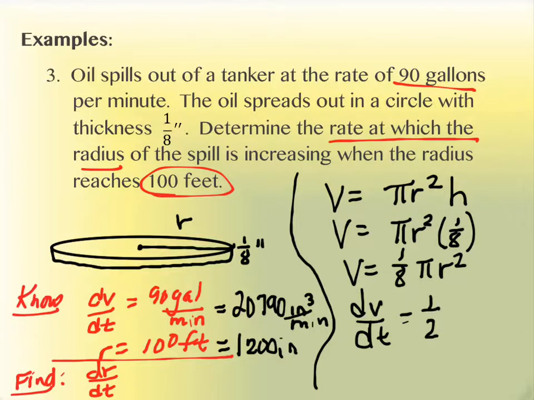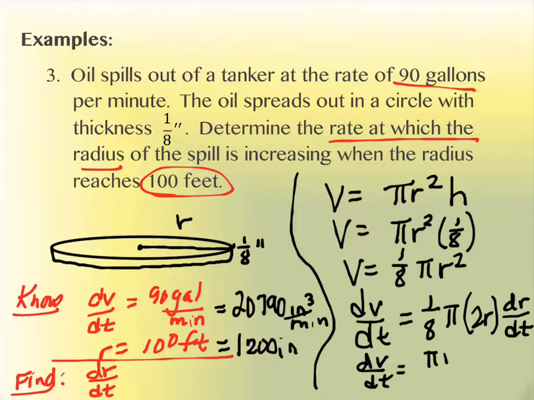The 1/8 and the pi are going to go there, and then what? 2r dr/dt. Okay, is everybody good with that? Only do one more cleanup step. dV/dt equals about 1/4 pi r dr/dt.